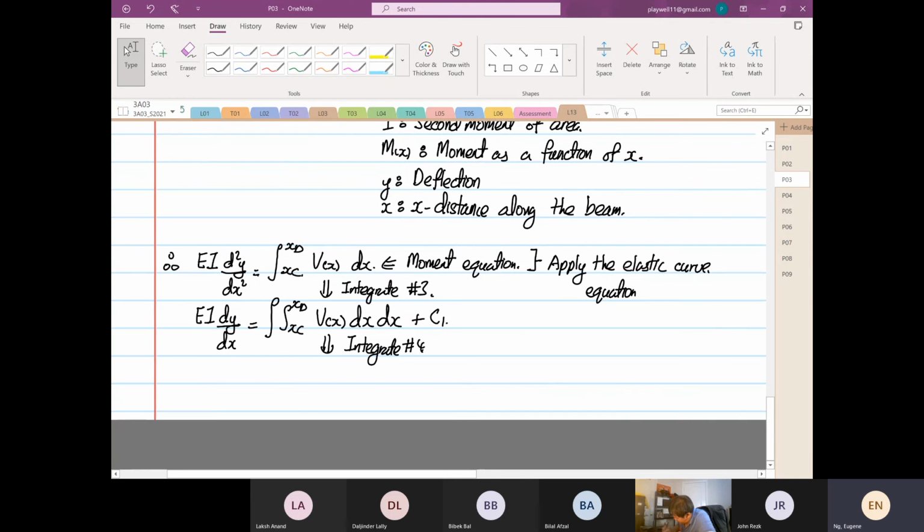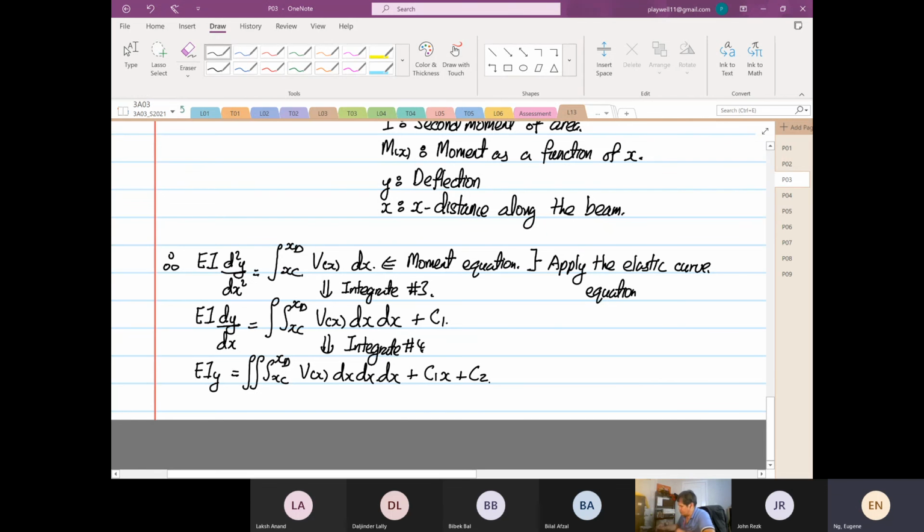We have EIy equal to the integral, plus C1x plus C2.